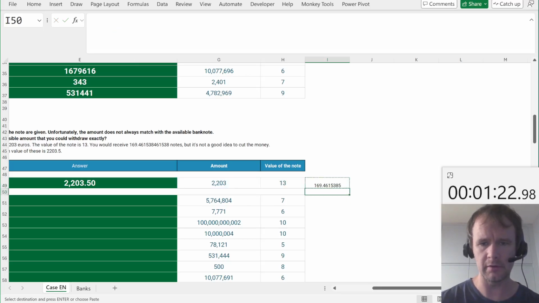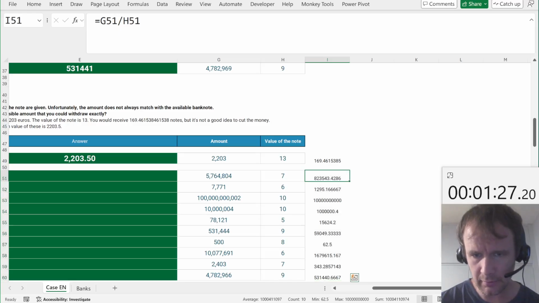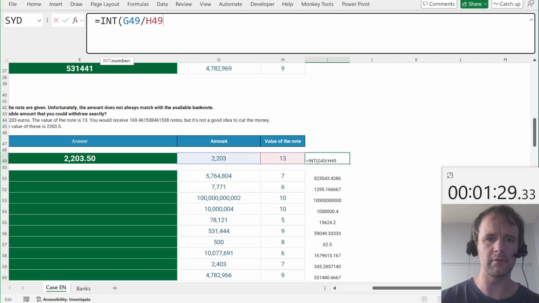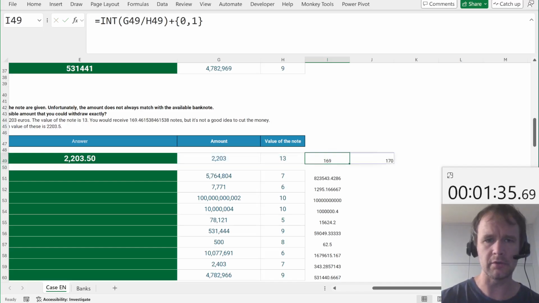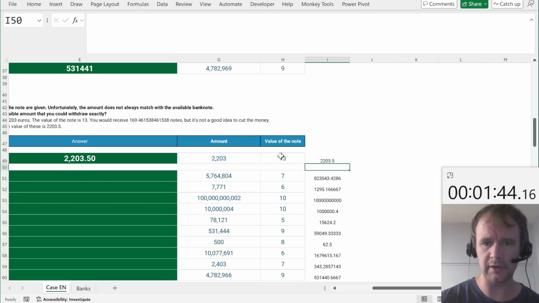Oh wait, hang on. Is this always non-integer? Yes. Okay, good. So then it's going to be int of that plus 0, 1. Or actually, no, it doesn't even need to be plus 0. It's just plus 0.5. This is going to be the average of the two times that. Yes.